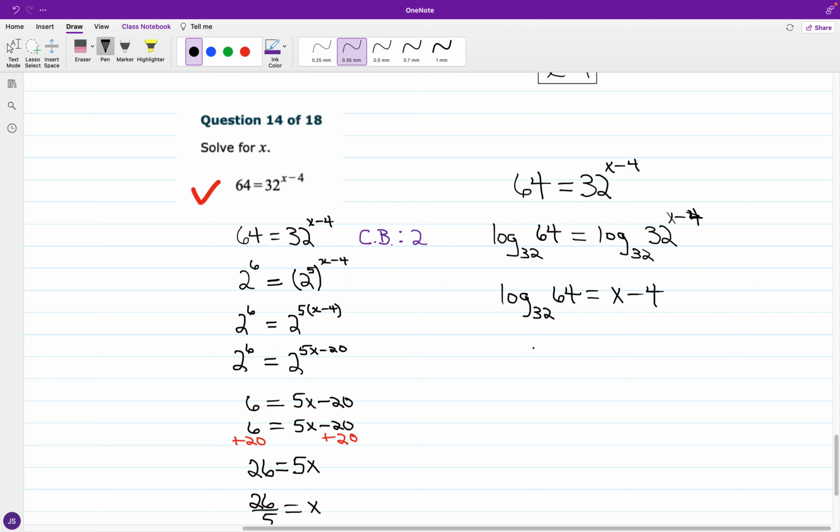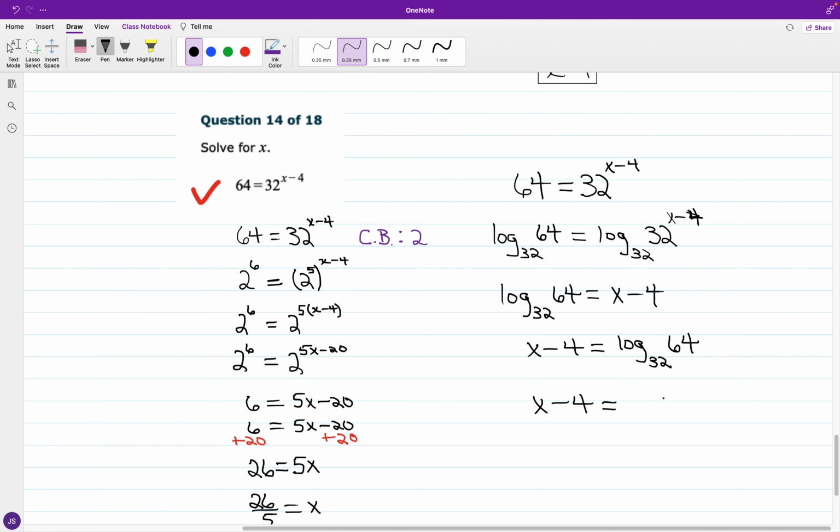And what I'll do here is switch the sides. So you have x minus 4 is equal to the base 32 logarithm of 64. And I can get this down to a numerical value.